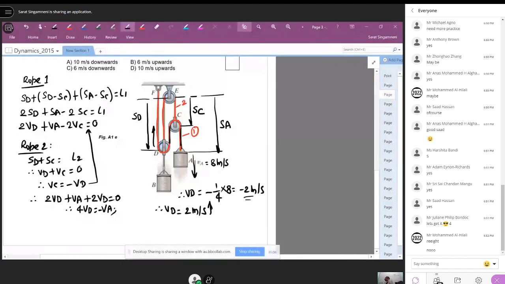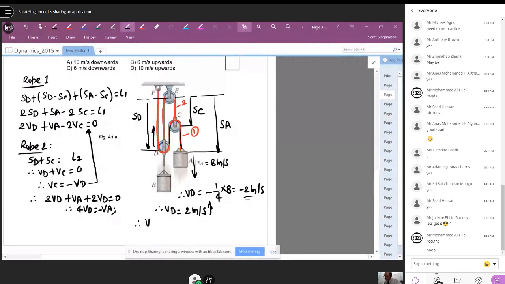So if a particle is moving 2 meter per second upwards and the other one, A, is moving 8 meter per second downwards, so the velocity of B, rather, B is nothing but D. So the velocity of D with respect to A will be 8 plus 2, 10 meter per second upwards.